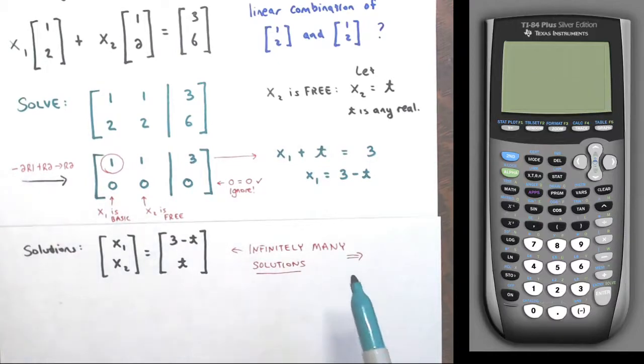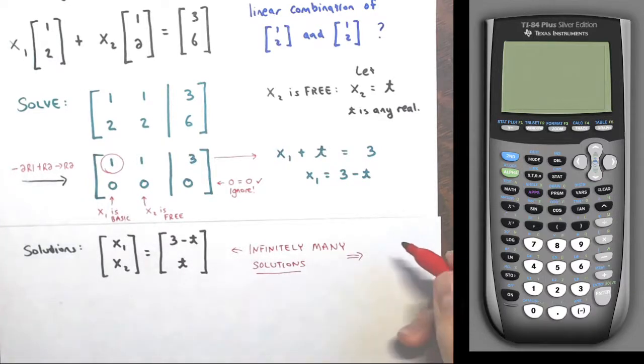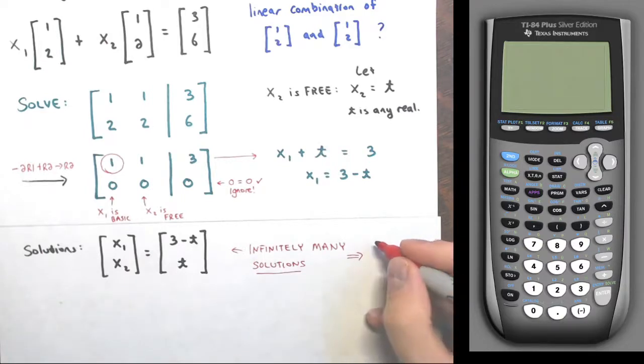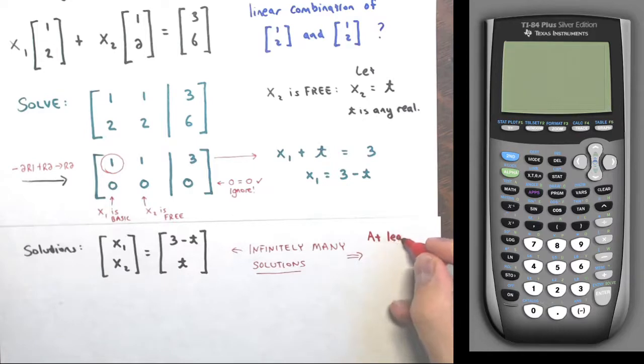What you're going to see is that the column vectors are linearly dependent. So basically, when you see a system with infinitely many solutions, it means at least one of the column vectors isn't necessary for the linear combination. I'll show you what I mean.